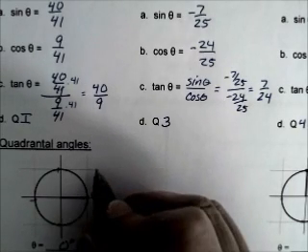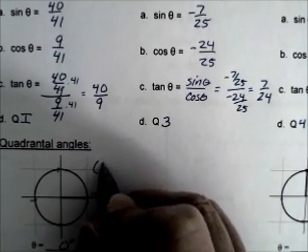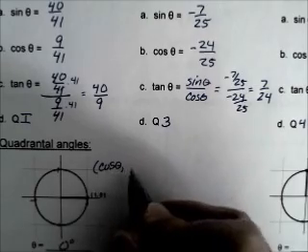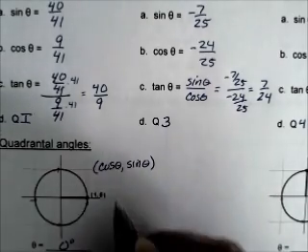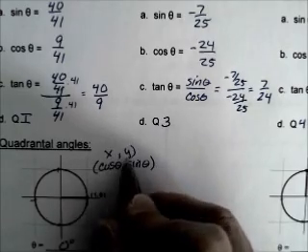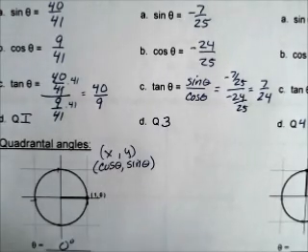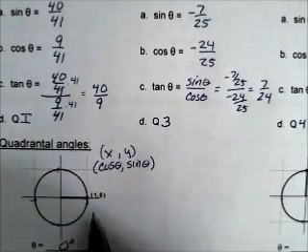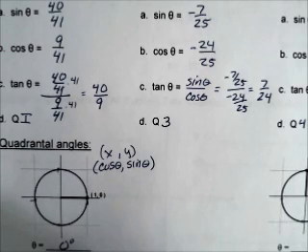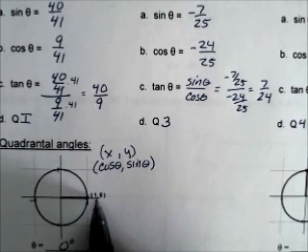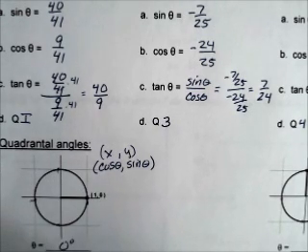Remember, whenever we're on the unit circle, the x-coordinate is the cosine of our angle, and the y-coordinate is the sine of our angle. Very important to remember that. Okay, so what's the sine of 0 degrees? It's going to be the y-coordinate, which is 0. The cosine of theta is the x-coordinate, which is 1.